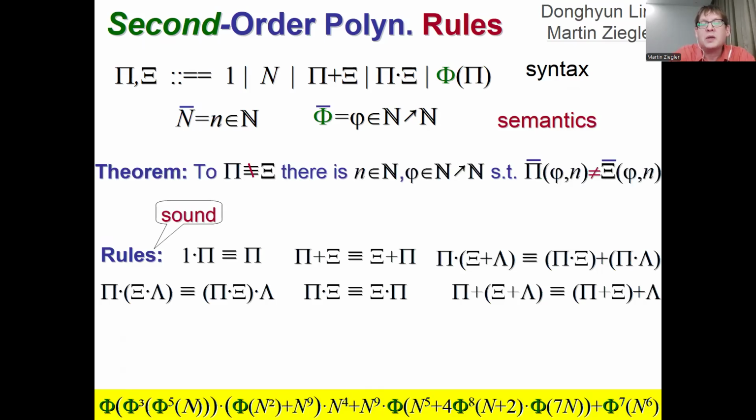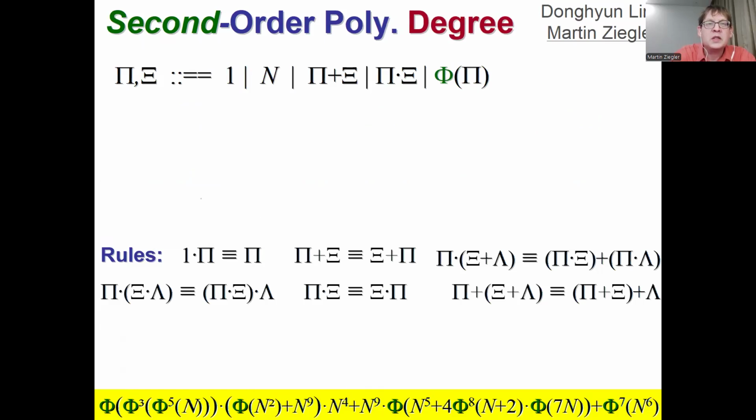And it turns out, but this is not obvious, they're still complete: if two second order polynomials are not syntactically equivalent under these rules, then there exists an assignment which makes them evaluate differently. So: sound and complete syntactic rules to define second order polynomials.